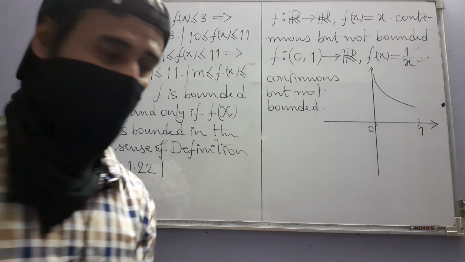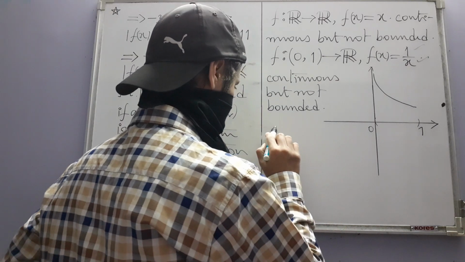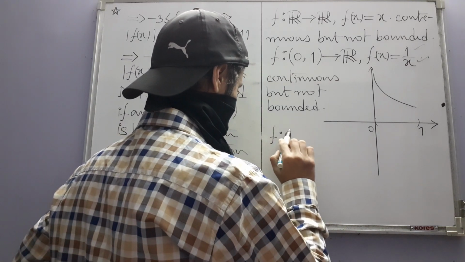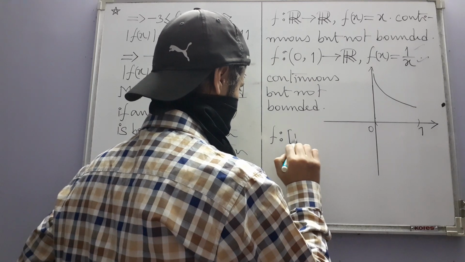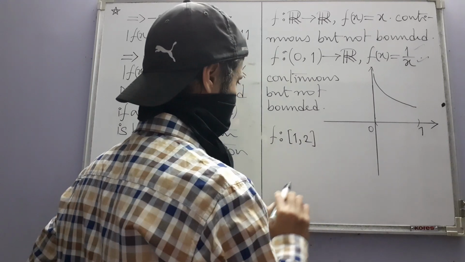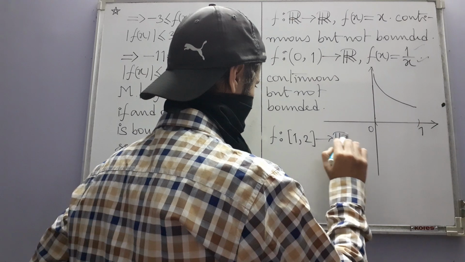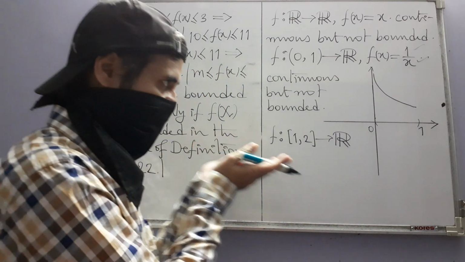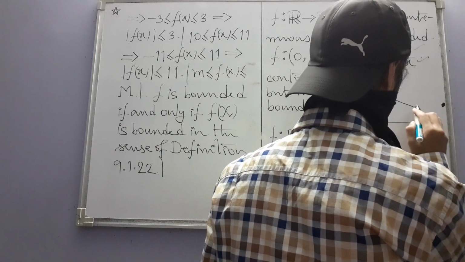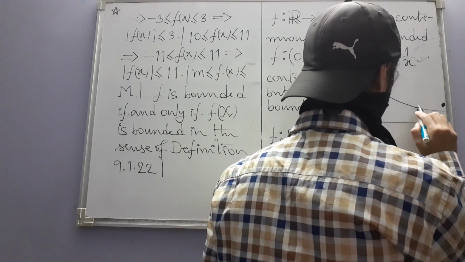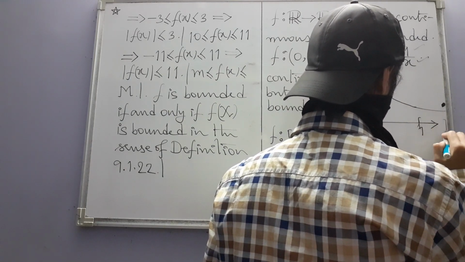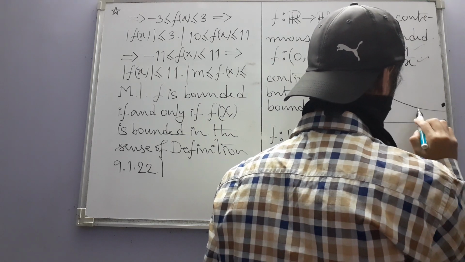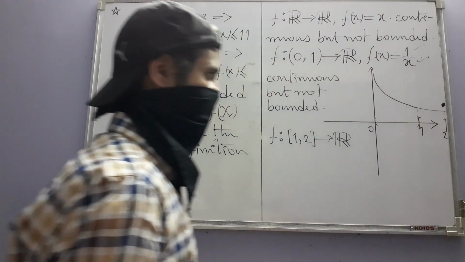However, this same function, if you consider it on some other interval, say the closed interval [1, 2], so if you continue this further on that side, then on the closed interval [1, 2] it turns out to be bounded.